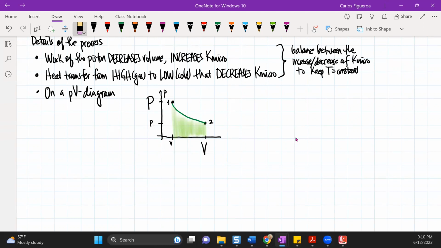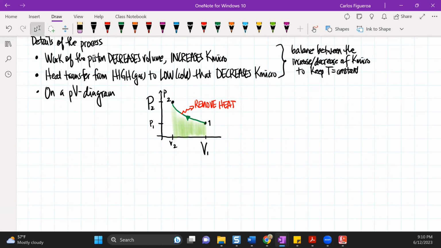So now, right here, this is state 1, and this is state 2. So you could see here that this is 1, and this is 1, and then this is 2, and this is 2. But this time, it's moving in this direction. So you can see the compression increases the kinetic energy. And on the other hand, we have to remove heat to keep the temperature constant.